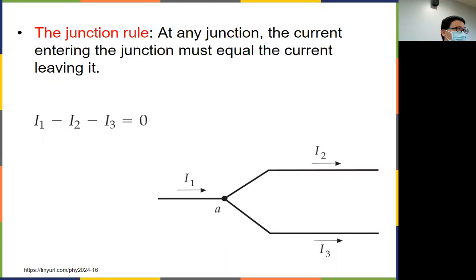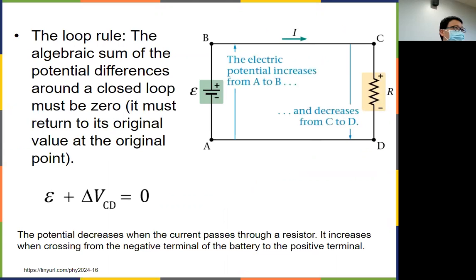And then for the loop rule, if you start from one point, you pick any loop on your circuit, you go through one loop and return to your starting point. Then the change in potential should be equal to 0. To determine the change in potential across each element, if you go from the negative terminal to the positive terminal across a battery, then your potential increases.